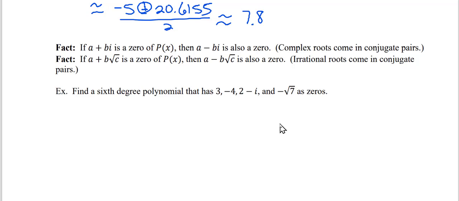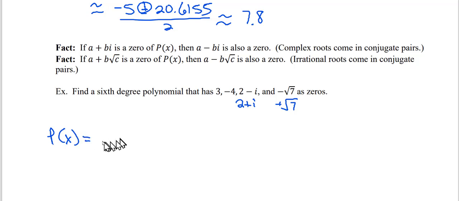A 6th degree polynomial has to have 6 zeros. We have 4 given to us, but really we also know that 2 plus i is also a 0 because of the conjugate pair of that complex or imaginary solution. Same thing with positive √7 is also a 0.